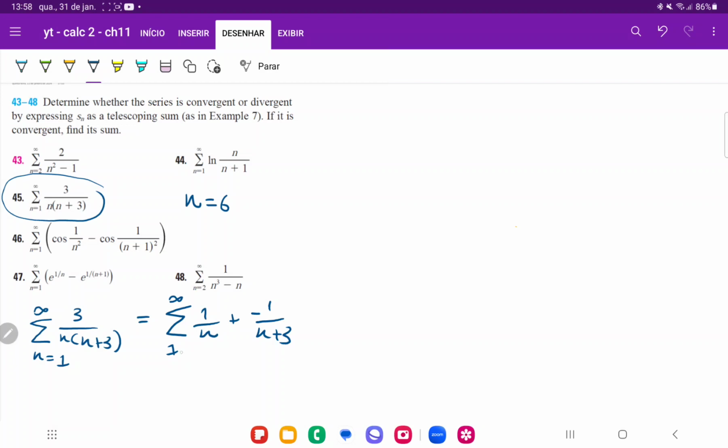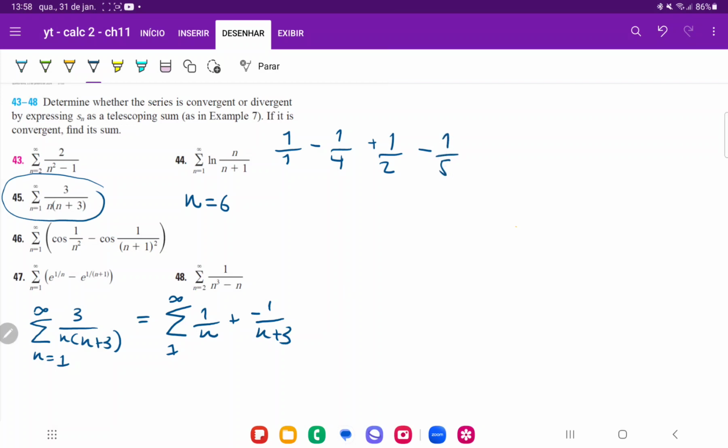The index begins at 1. So for n equal to 1, we're going to have 1 over 1 minus 1 over (1 + 3), so 1 over 4. So we're going to have 1 over 1 minus 1 over 4. And then for n equal to 2, we would have plus 1 over 2, and then minus 1 over (2 + 3), minus 1 over 5.